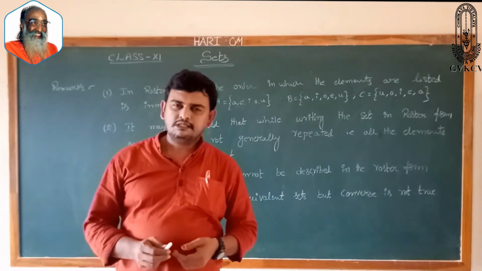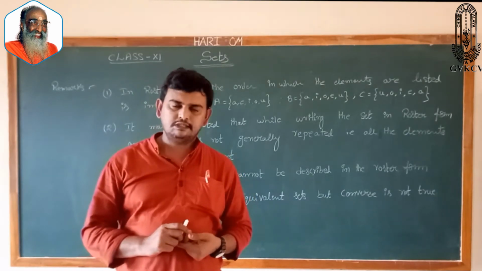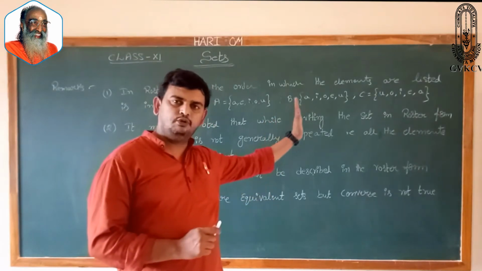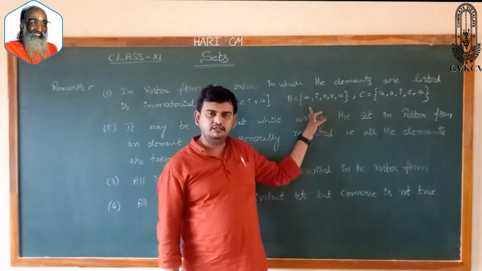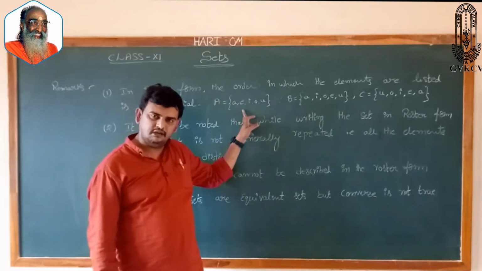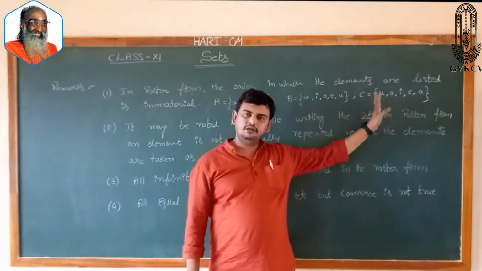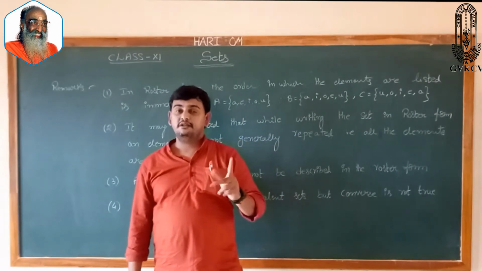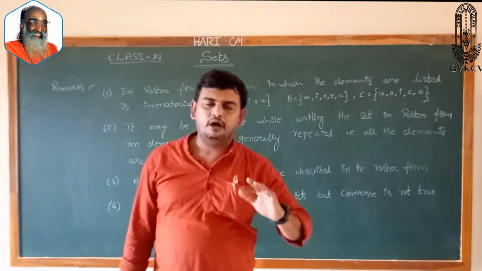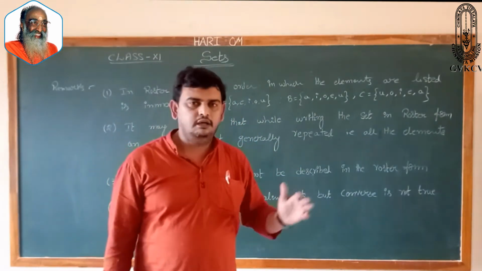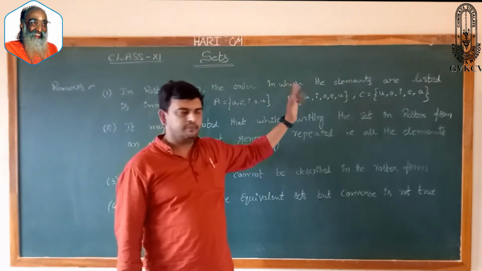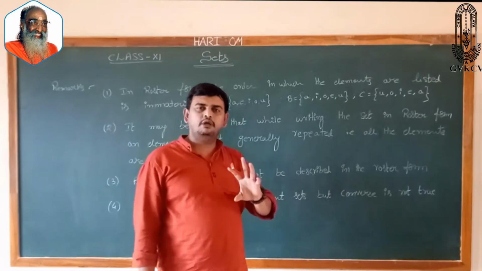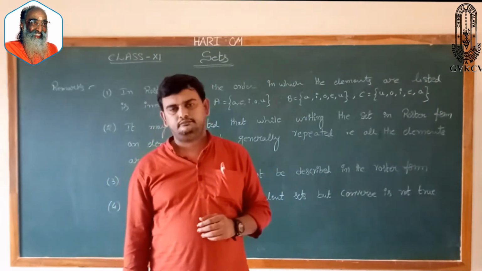Why are all three answers correct? If you observe those three sets, each has the same elements. What is the difference we are finding? The order. Here we have a proper order A, E, I, O, U, but these two are not following a proper order.